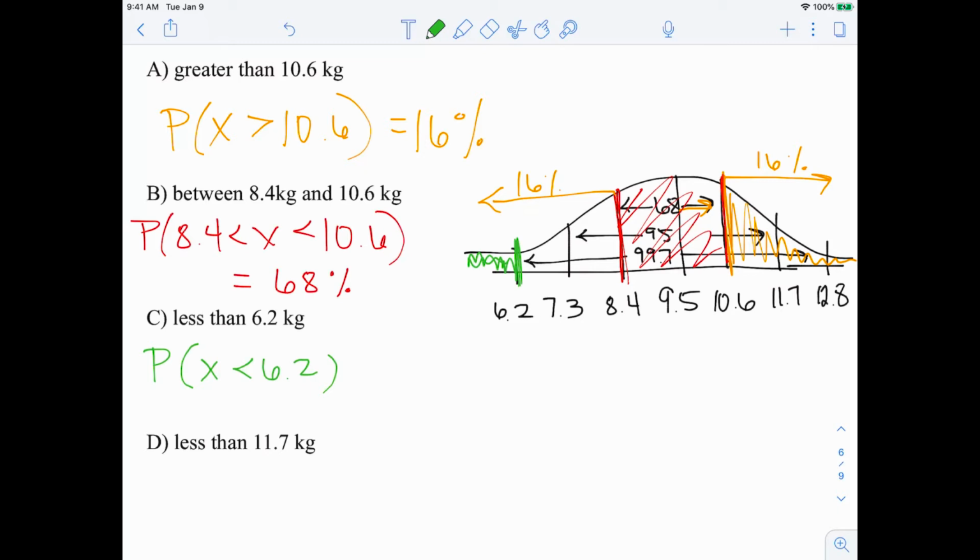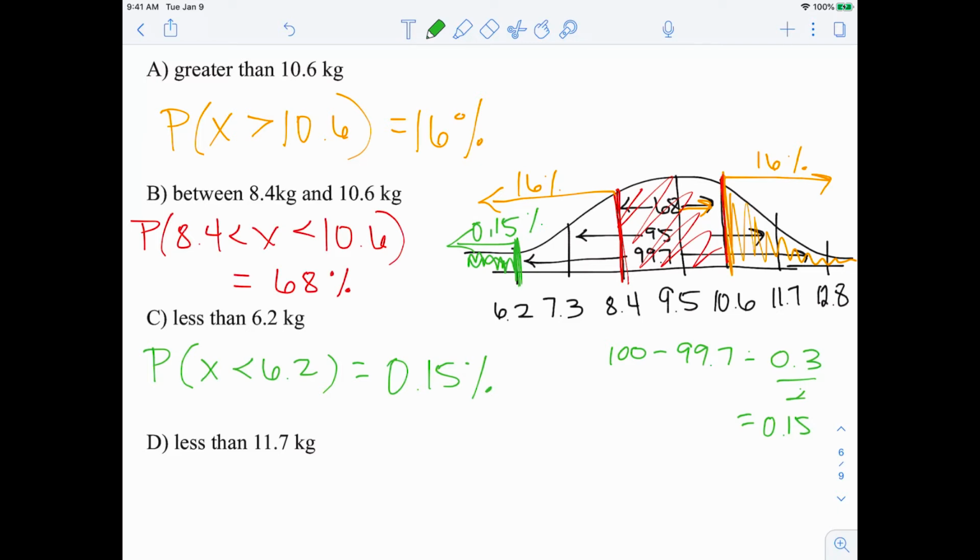So if I'm looking for the area below that, I know that 100 minus 99.7 is 0.3. If I cut that in half, I end up with 0.15. So this area is 0.15%. So there would be 0.15% of 1-year-old girls less than 6.2 kilograms.